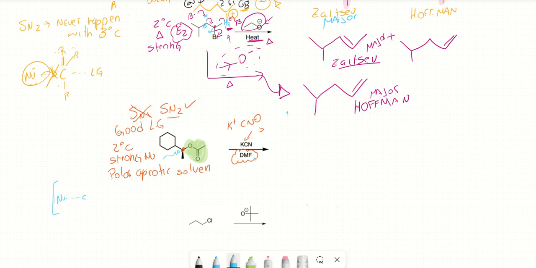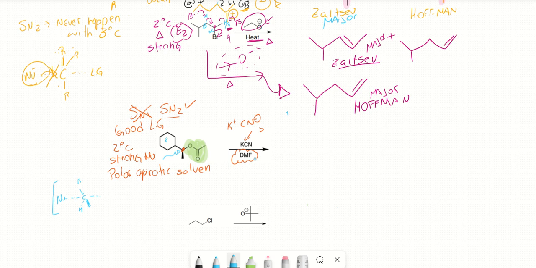So then we're gonna have the carbon. I will call this R. Okay, so R over here, and then our leaving group. So I will put here the hydrogens and this methyl group over here.